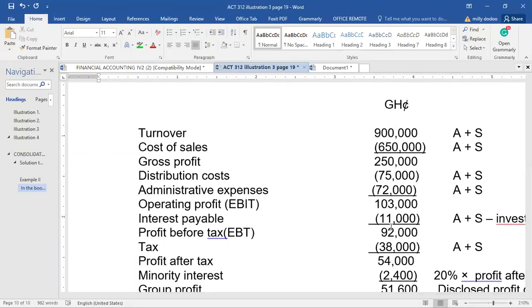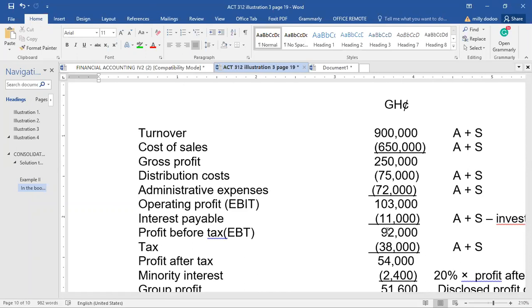Then I come to my interest payable. Now, in this question, you were not given the interest payable proportion. Take note. So we must look out for it and see: did acquirer invest in debentures of S?